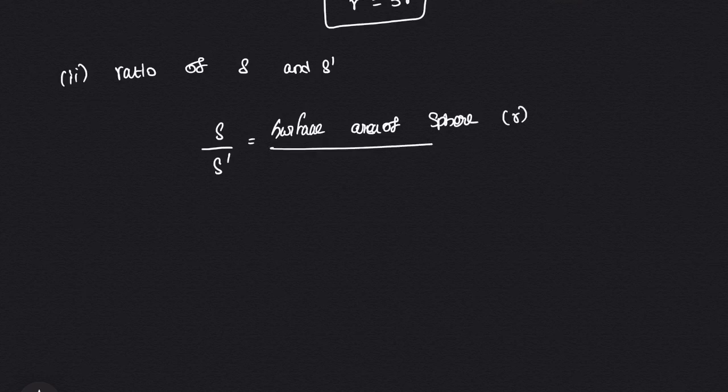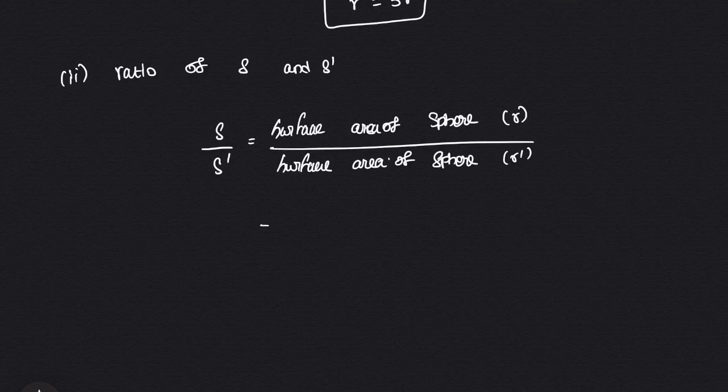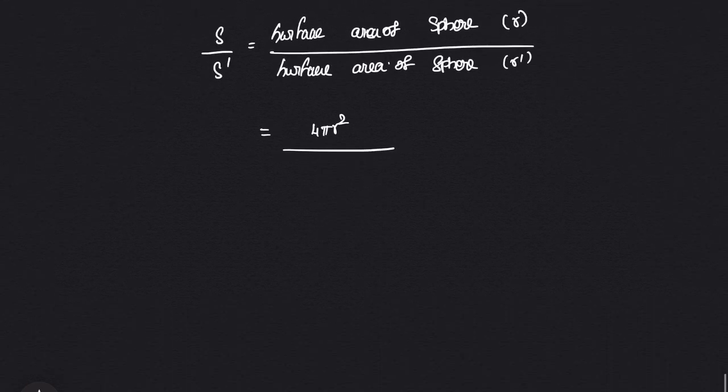So just equating the formula, 4 pi r square divided by 4 pi r dash square. So again the 4 pi is common for both numerator and denominator. So r square divided by r dash square.